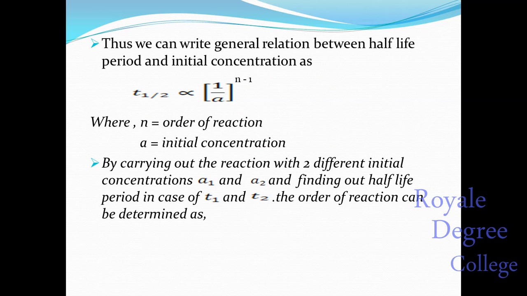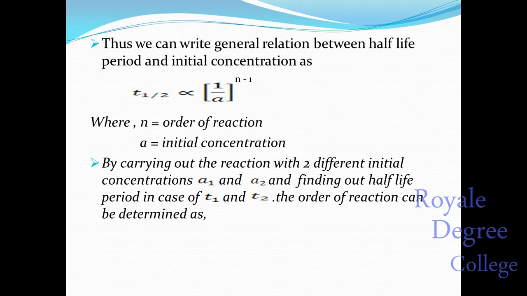Thus we can write the general relation between half-life period and initial concentration as t half is inversely proportional to 1 by a to the power n minus 1, where n is called the order of reaction and a is the initial concentration.